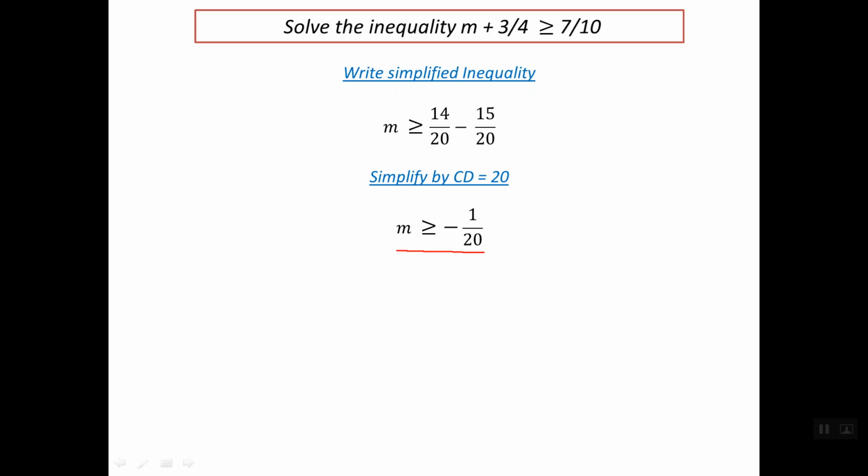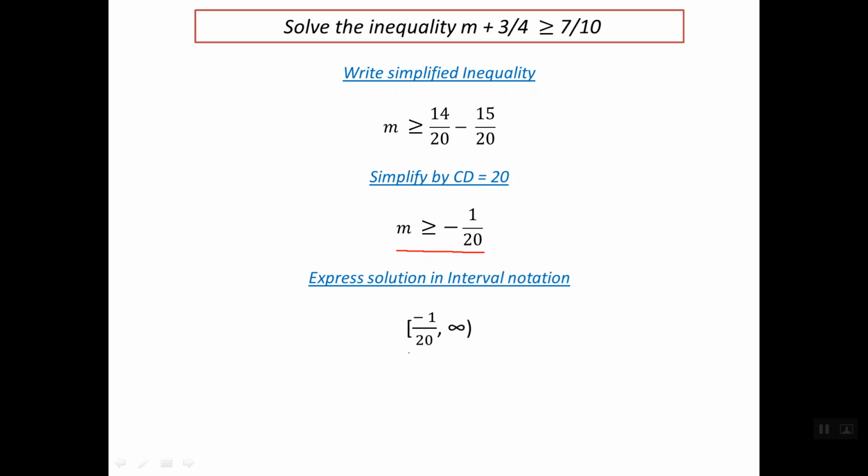So this is the solution for this inequality. So we say that any value of the variable m, which is greater than minus 1 over 20, is part of the solution, including the number minus 1 over 20. So simply we can express the solution in interval notation.